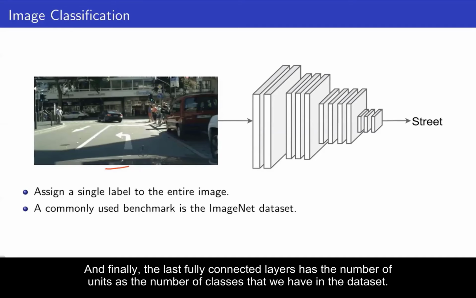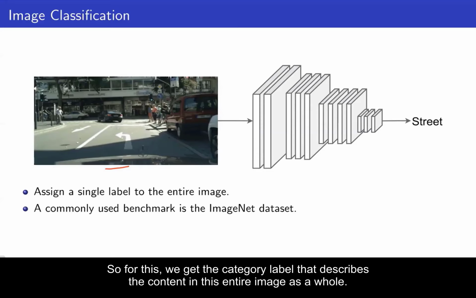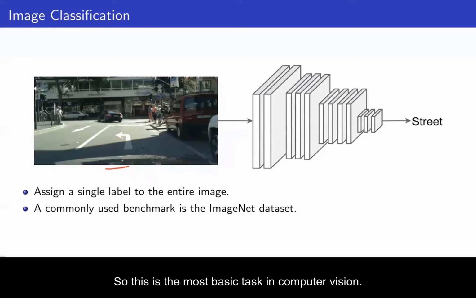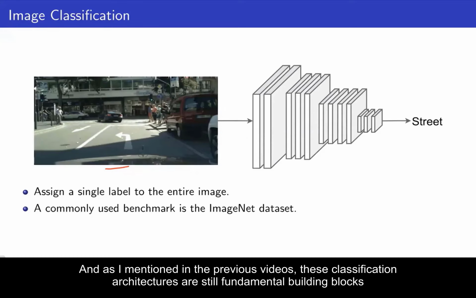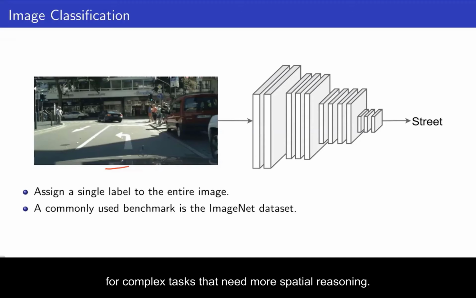Finally, the last fully connected layer has as many units as the number of classes in the data set. So we get the category label that describes the content of this entire image as a whole. This is the most basic task in computer vision. And as I mentioned in the previous videos, these classification architectures are still fundamental building blocks for complex tasks that need more spatial reasoning.